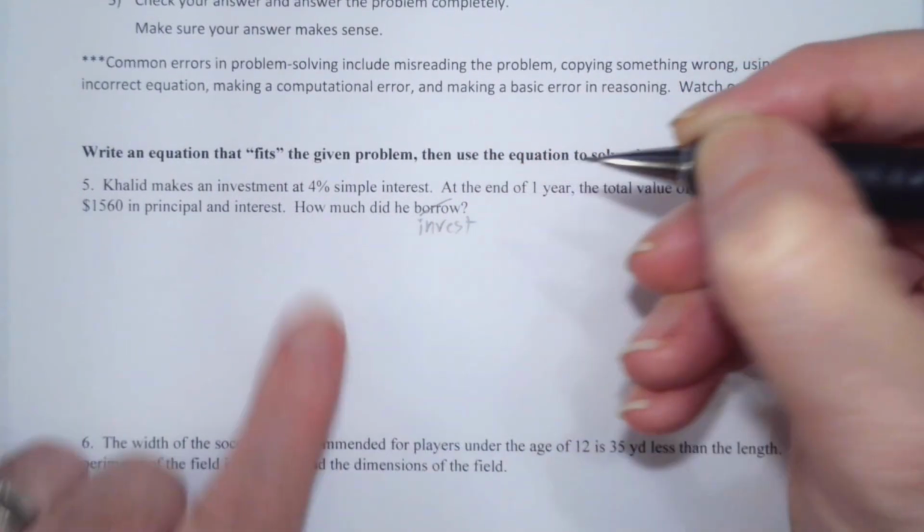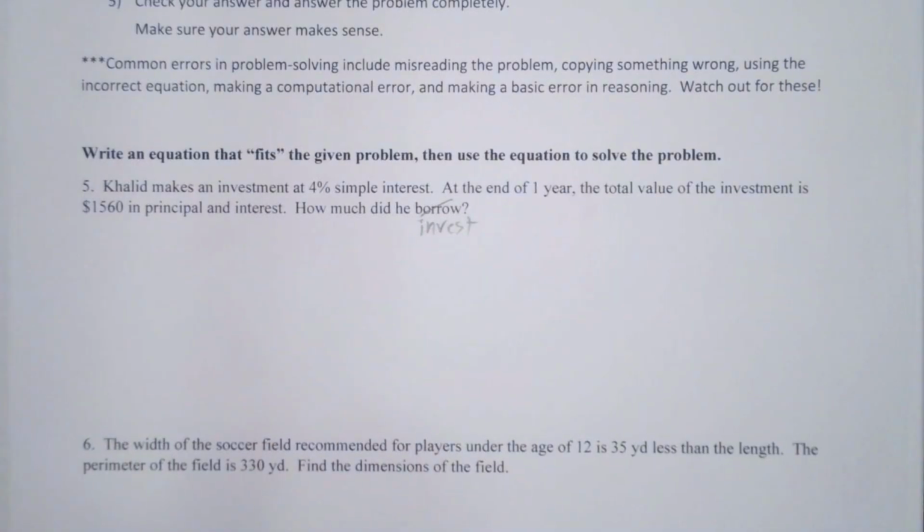So he invested some money at 4%. Now remember what that means when you're earning 4% interest. For example, if you invested $100, at the end of the year, interest is normally paid per year. At the end of a year, you're going to get 4% of $100, which is $4.